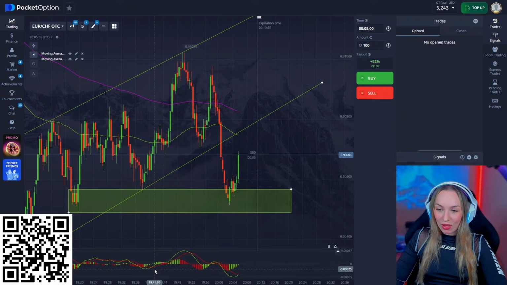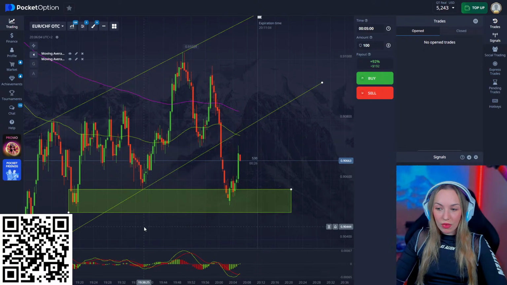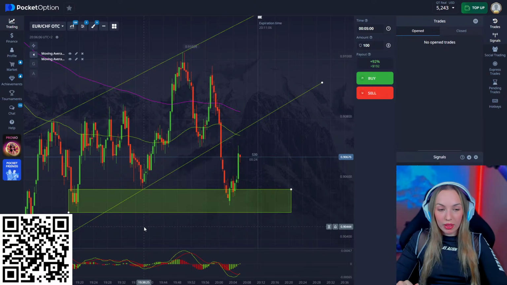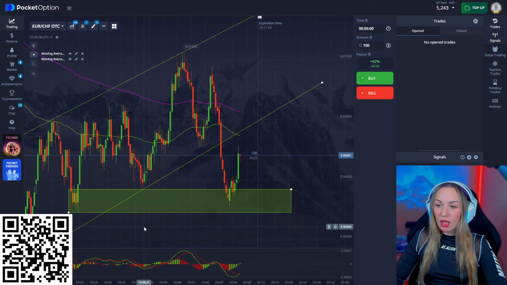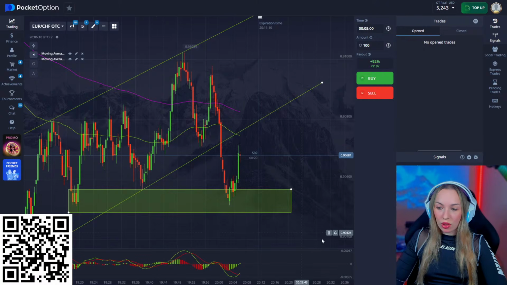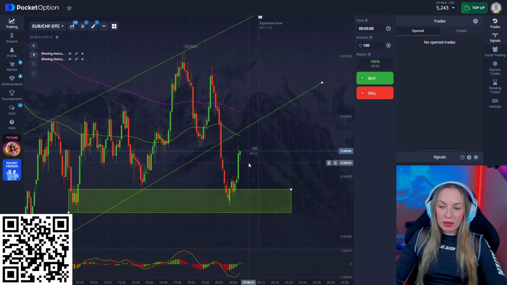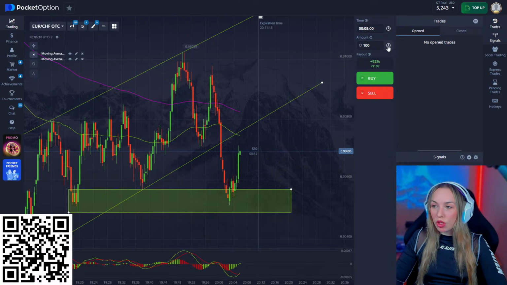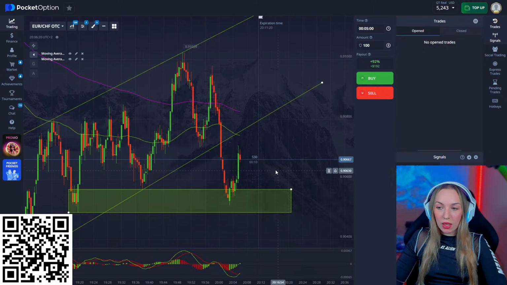So there was also another signal at 7:41, and at 7:49 the price started to go down. So I think we need to open the trade for 5 minutes minimum, maybe even longer. So I would expect one more green candle here, and then I can open the trade for 5 minutes on Euro CHF with $100.